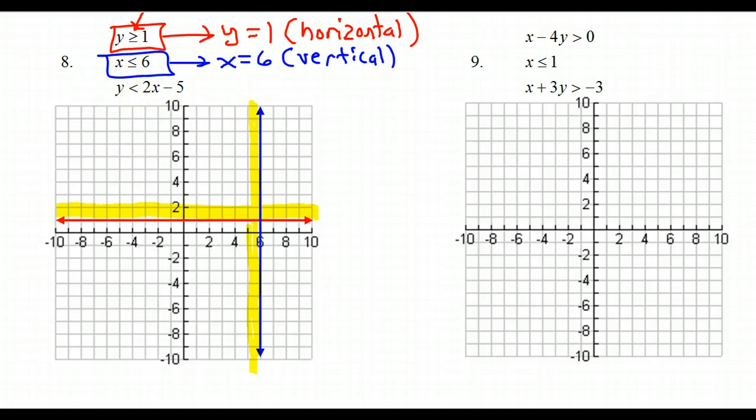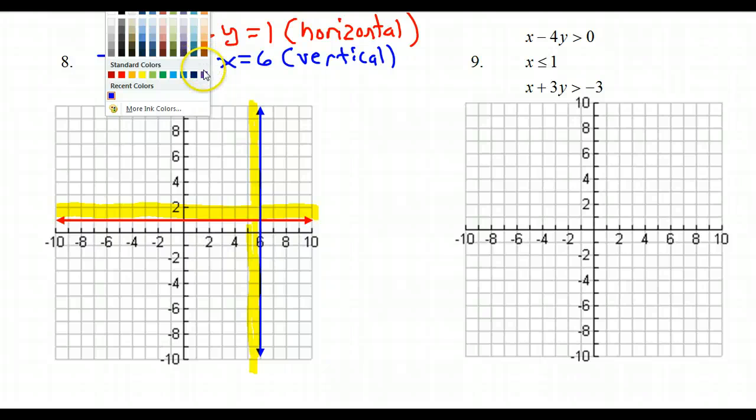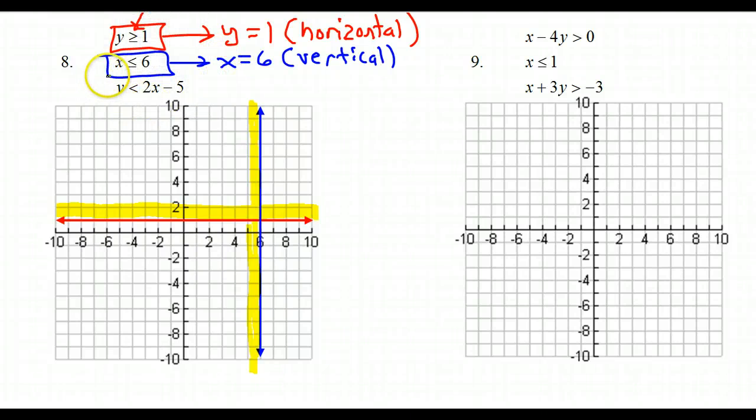We still have one more equation to do. This one's a triple. Okay, so we'll do this one in purple. It's already in the right form, but this will be below, because of the less than, and it will be dotted, because it doesn't have the or equal to part, so be careful.